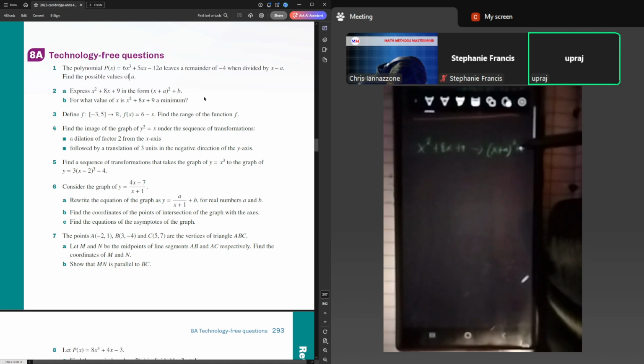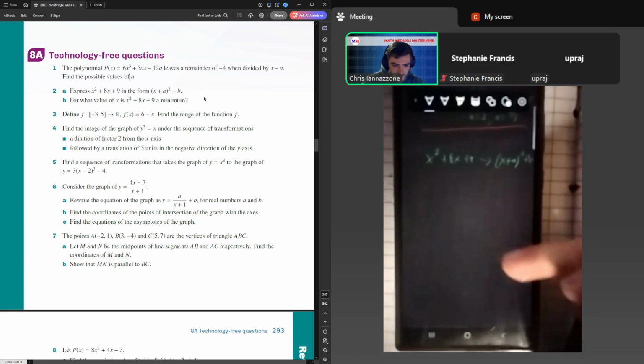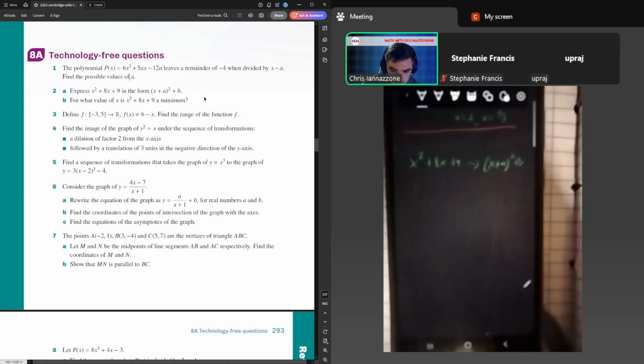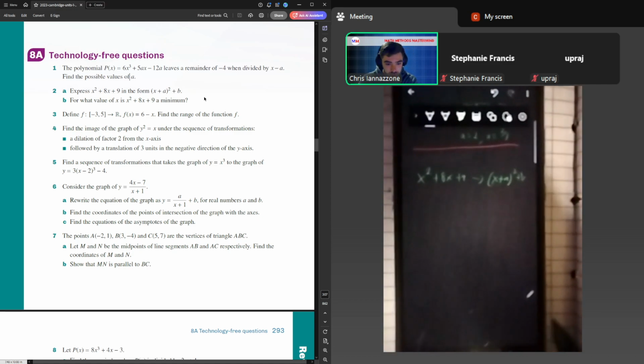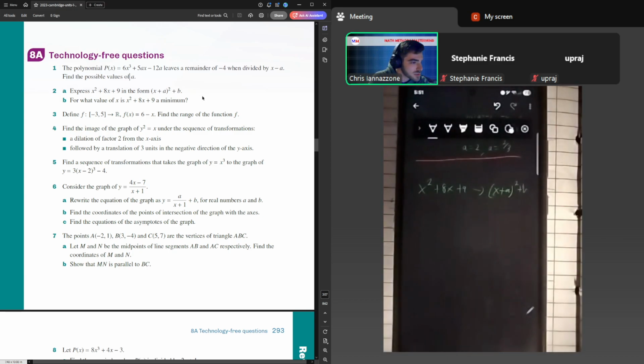Chris, I think it's asking us to complete the square. It is asking us to complete the square, absolutely. I think this is probably pretty chill for most people. If anyone wants to see me complete the square, let me know. We can do a bit of revision on that. But otherwise, yes, we are just completing the square.